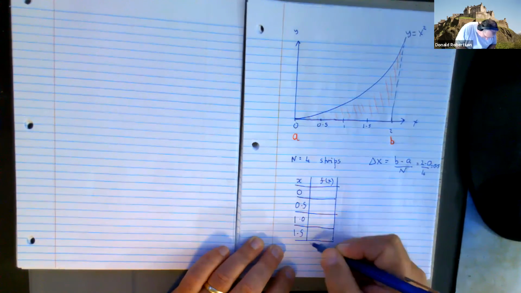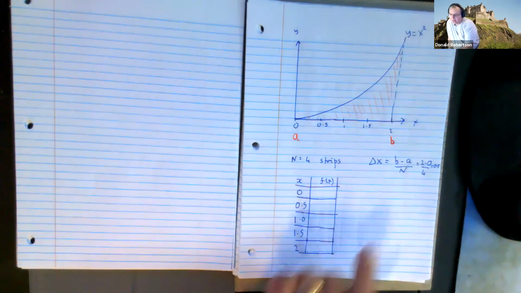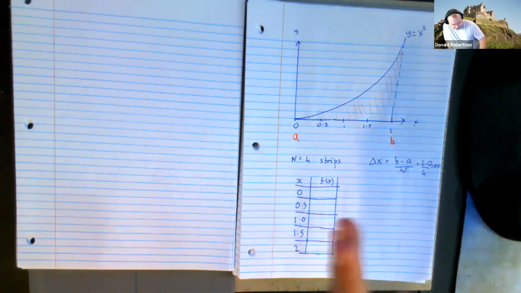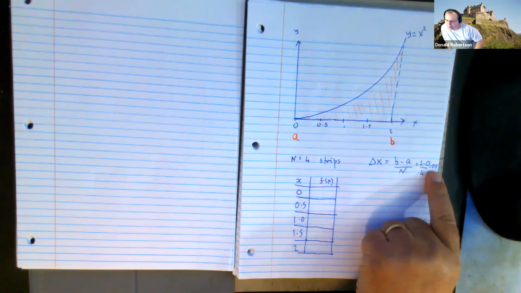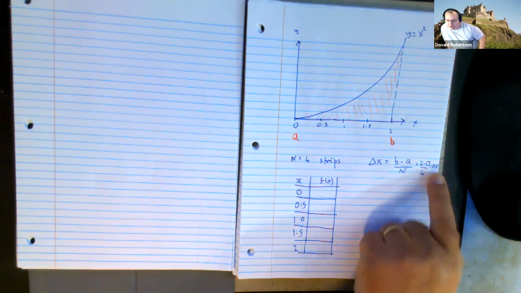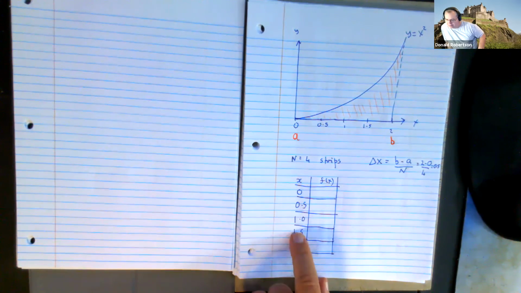And if you do it correctly, shouldn't you eventually finish at the last number, in this case 2? So that's how you're going to set up the table. So can you imagine in the future, this number isn't 0, it starts at 1, and maybe it's got 8 strips. So can you imagine you'll go 1, 1.2, 1.4, 1.6, 1.8, you know, you just go up in this number. So it's important that you've got this number because you know the start number and you know who delta x is. Won't that tell you these guys here, right?